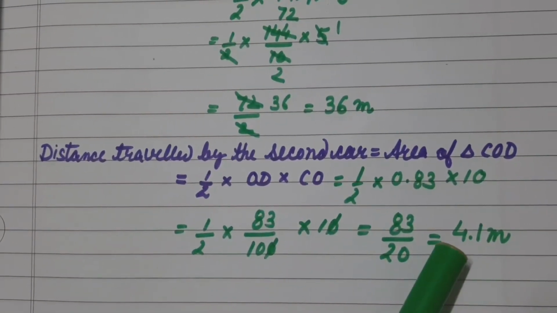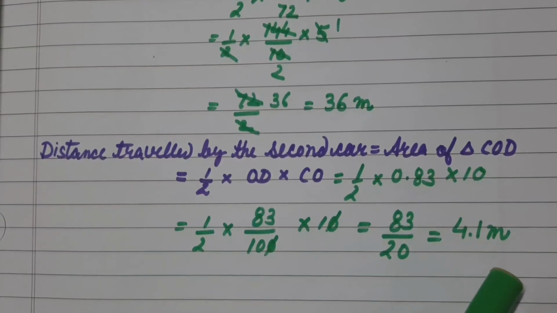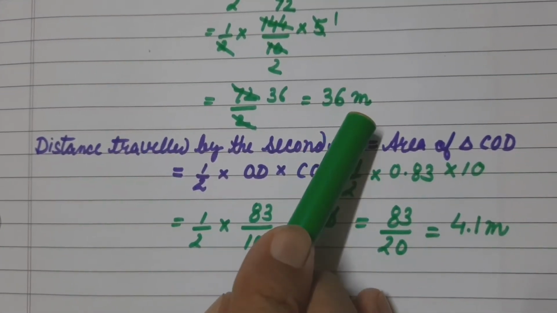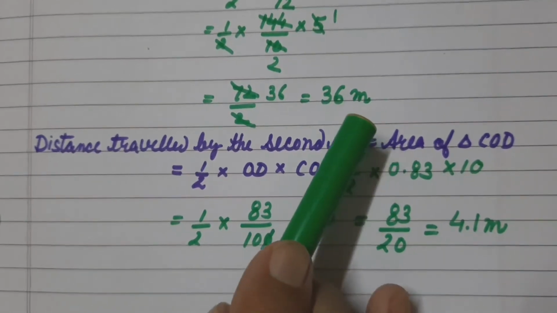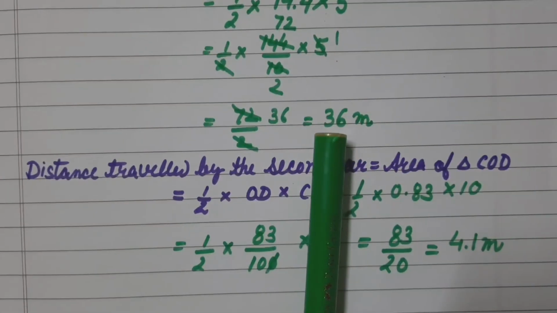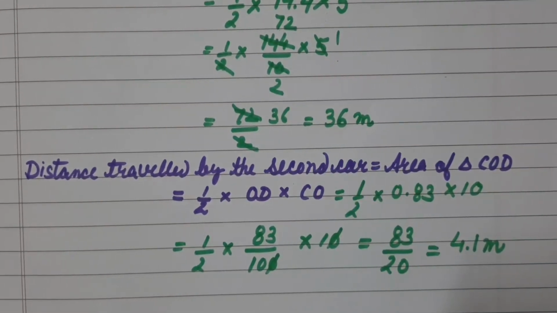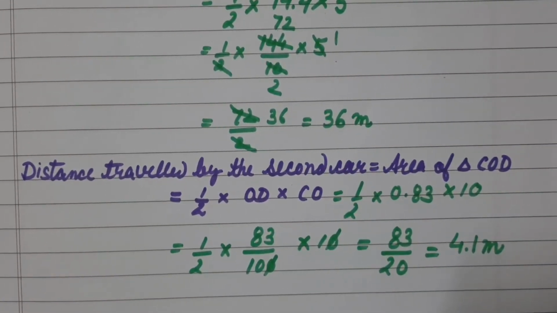Thus, the second car travels 4.1 meters and the first car travels 36 meters before coming to rest. So, car A traveled more distance than car B after brakes were applied.